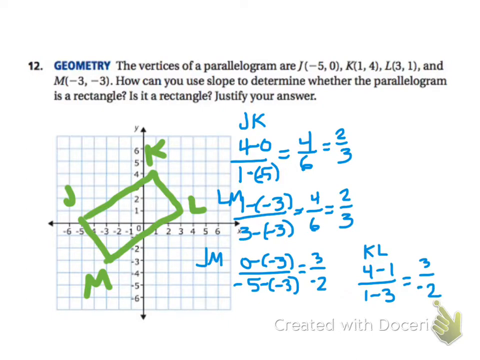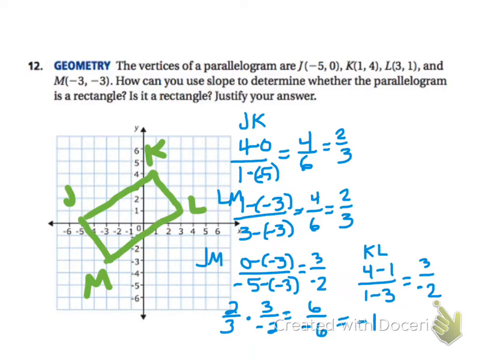Now, when we look to compare and see if, say, JK and JM are perpendicular, we would want to take the slope of JK, which is 2 over 3, multiply that by 3 over negative 2, and the answer is going to be 6 over negative 6 or negative 1.